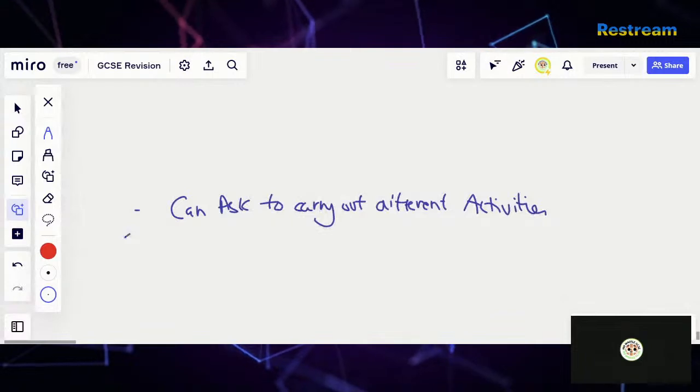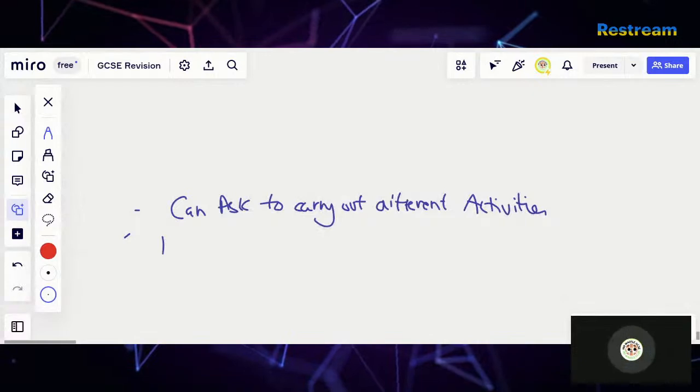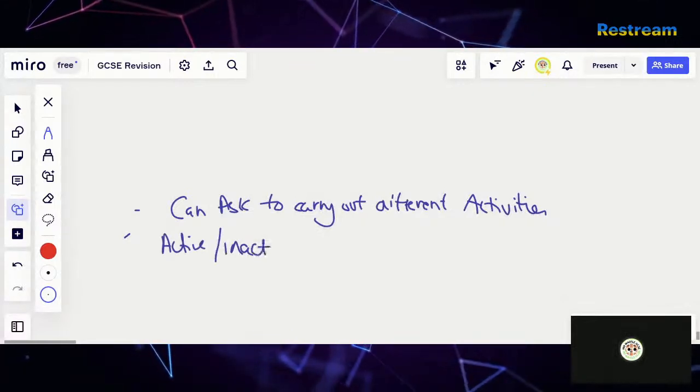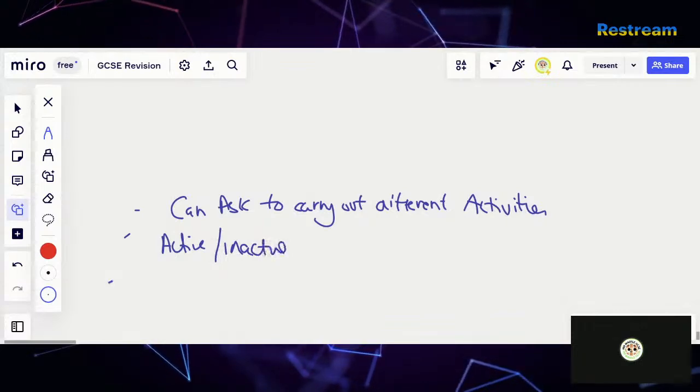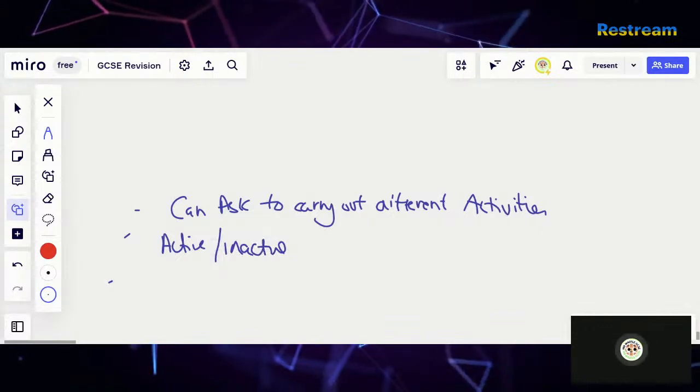And as you ask them to carry out these different activities, you can see which part of the brain is active or inactive.